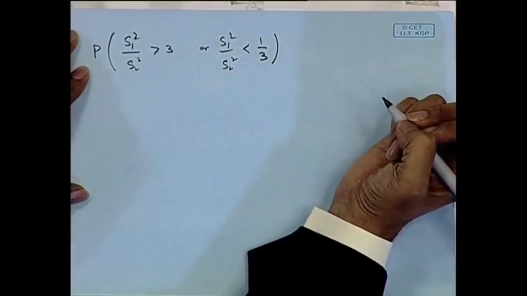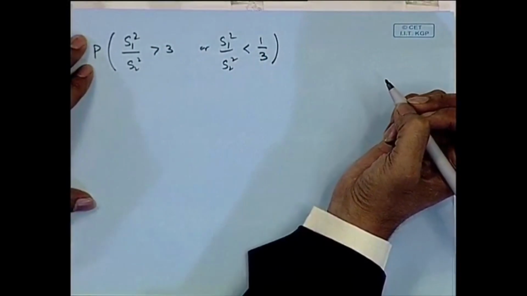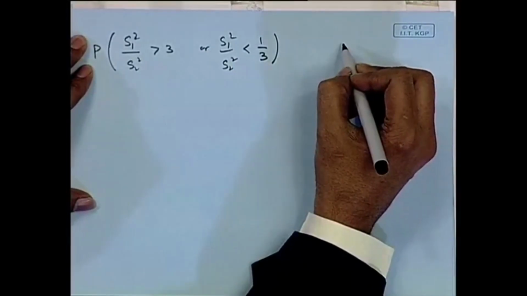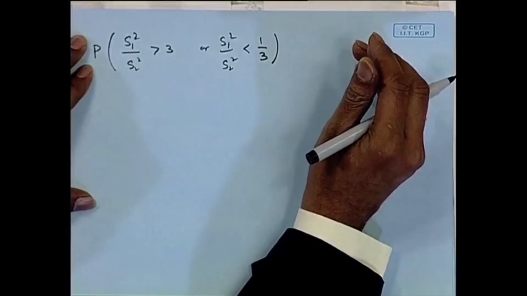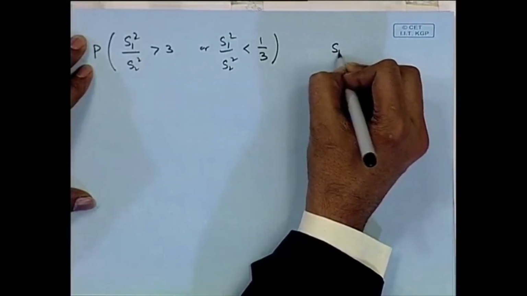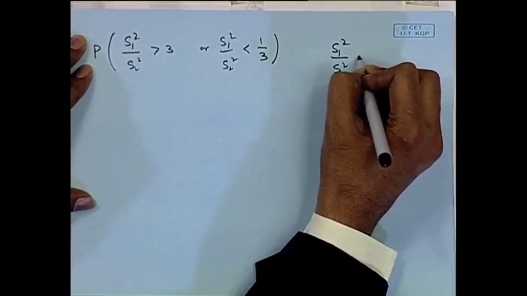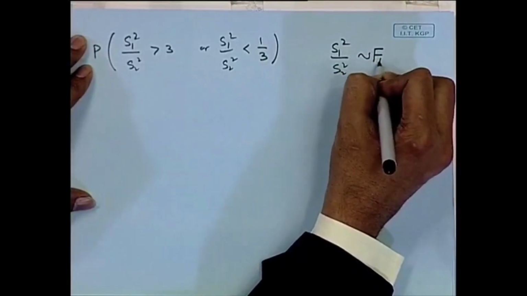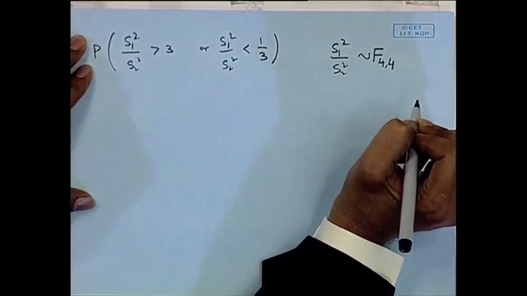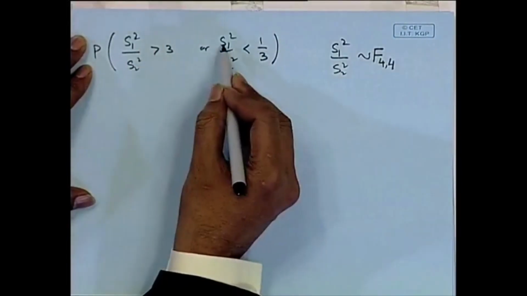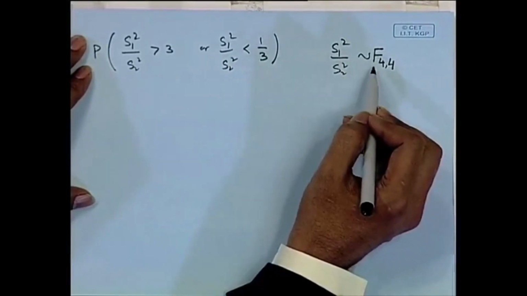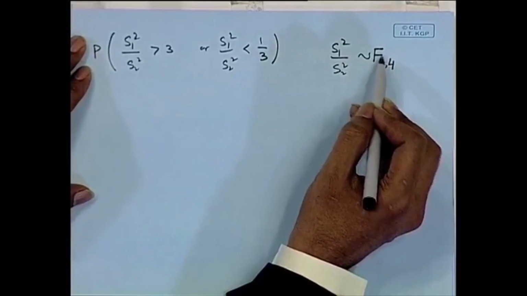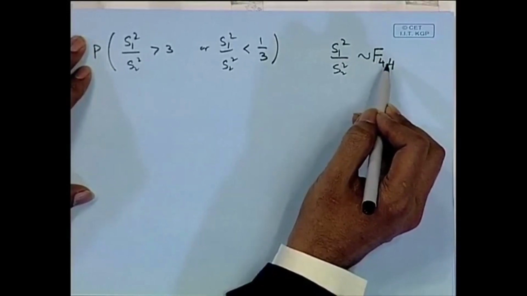Now, if we have taken samples of size 5 each, then by the formula, (n minus 1) S1 square by sigma square, and similarly for the second sample, we get that S1 square by S2 square follows an F distribution on 4 and 4 degrees of freedom. That means, for calculation of this we have to look at the tables of F44, or we write down the density of F44 here. Fortunately, the density of F44 has a quite simple form.